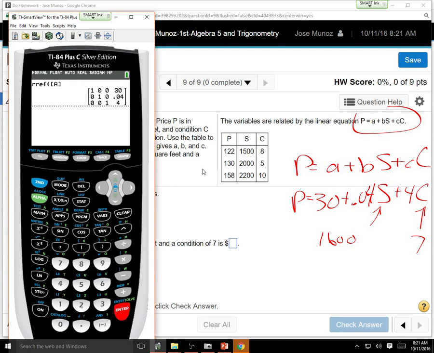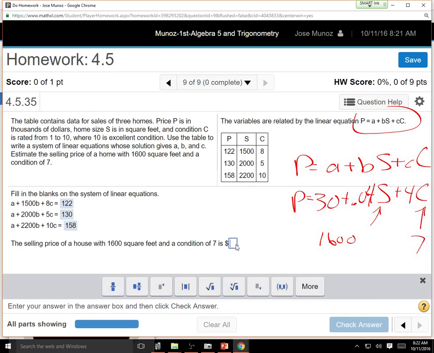So I went 30 plus 0.04 parentheses times 1600, right? Plus 4 times 7. So there's the whole equation. And this is where I got it wrong yesterday.